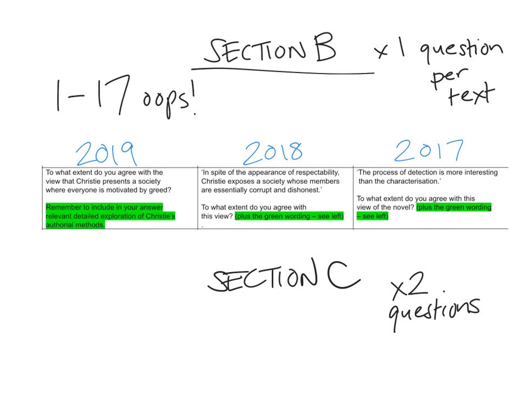in future years. So you can look here, 2019, 2018, they had a societal focus in each of the questions. And in the first year this new specification ran, the focus was on the process of detection is more interesting than the characterization. So in lessons or together, or yourselves as classmates, you might start to work through and start to anticipate what might be set.